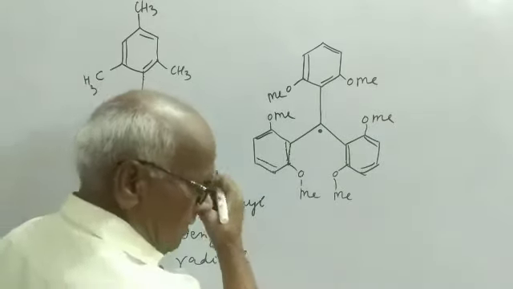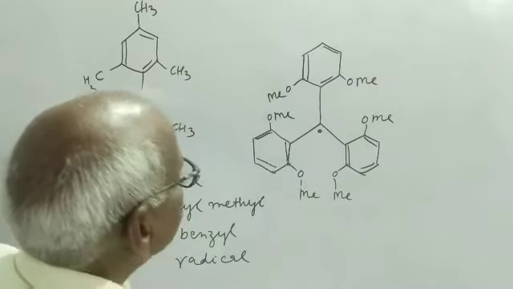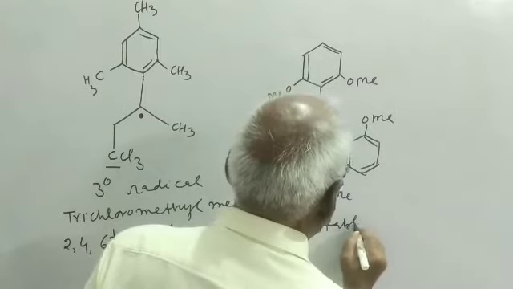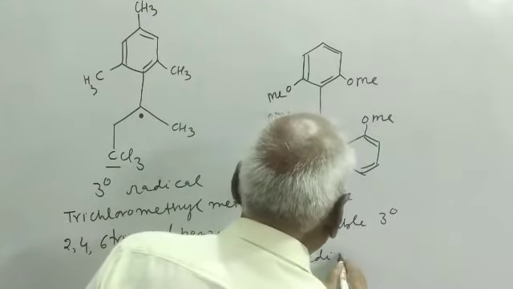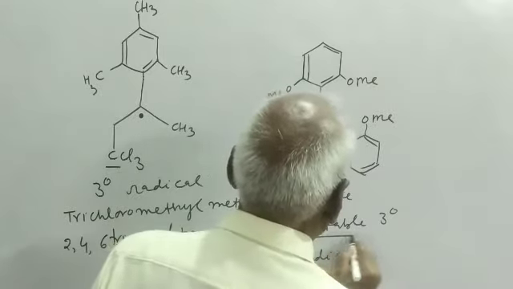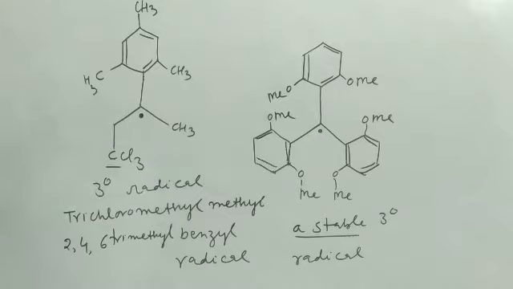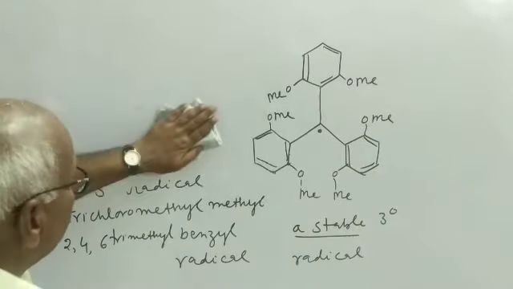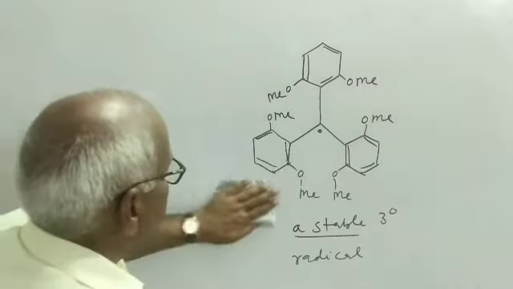So this is a stable compound due to steric hindrance. I will tell you the name later on. This is a stable 3 degree radical. I will tell you the cause of stability later on. So these are the general introduction about the carbon free radicals.